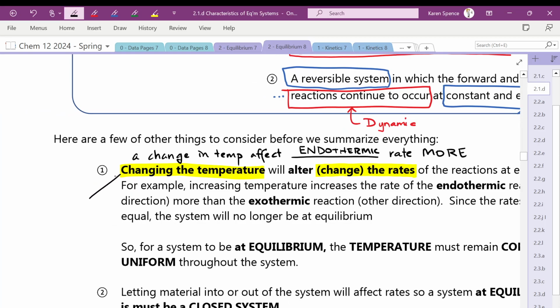Do you remember what we call a change that we make to a system? And it's not just any old change we make to a system, it's a change we make to a system that causes the rates to be unequal.